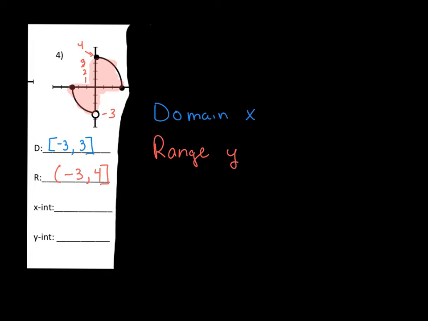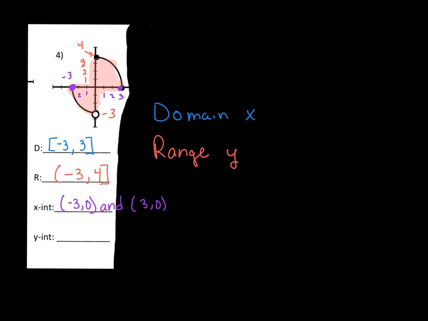Next up are the x-intercepts. The x-intercepts are where the graph touches the x-axis, and that happens at both 3 and -3. So my x-intercepts will be at (-3, 0) and (3, 0).